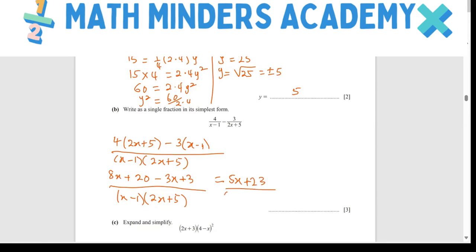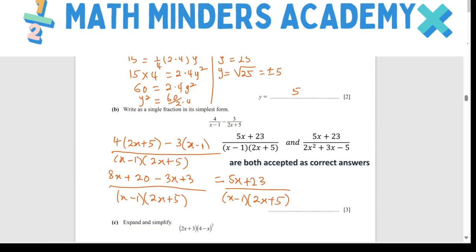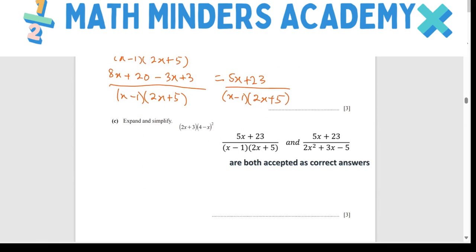All over x minus 1, 2x plus 5, okay? And that takes care of this problem, okay? Of course, if we expand and clear off the denominator, it's also acceptable.